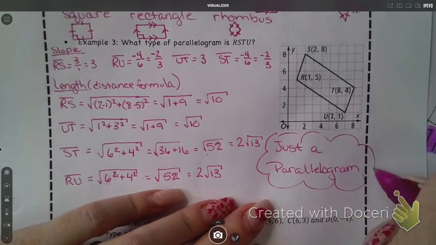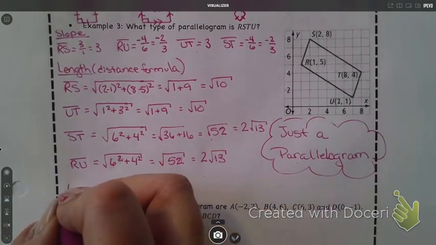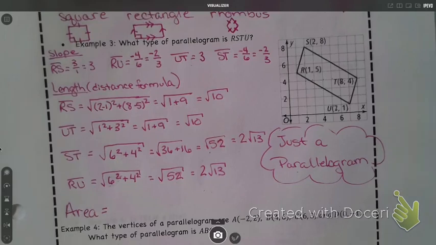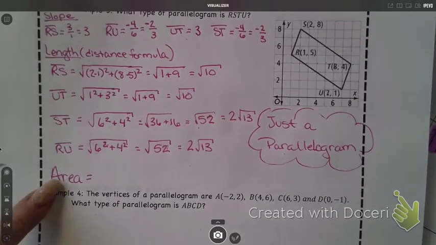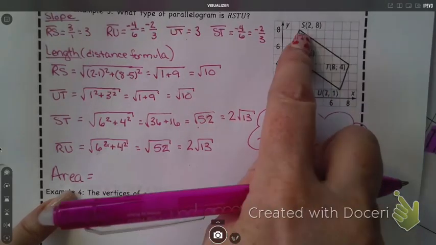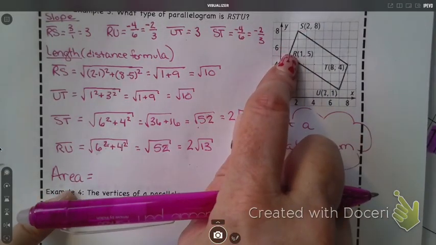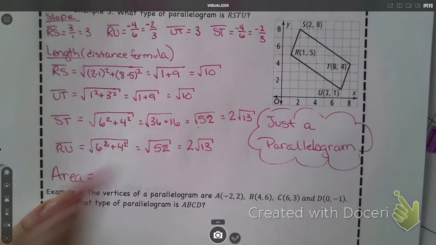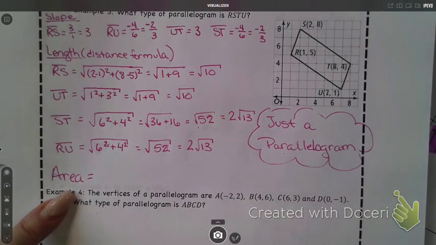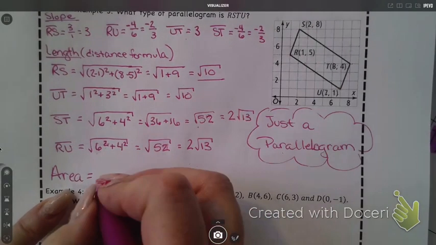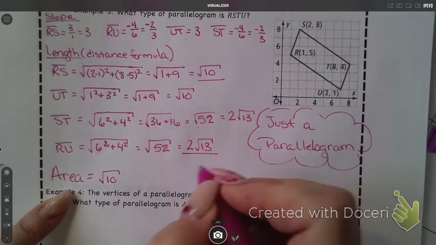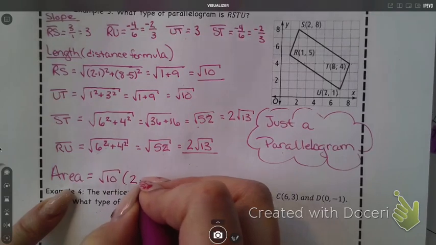But what if this thing asks you for the area? Well, if they would have asked you for the area, would you still have had to find this? Actually, you'd only have to have a length and a width, because it's base times height, right? So do I have a length and a width? Yeah. I have square root of 10 and 2 square root of 13.